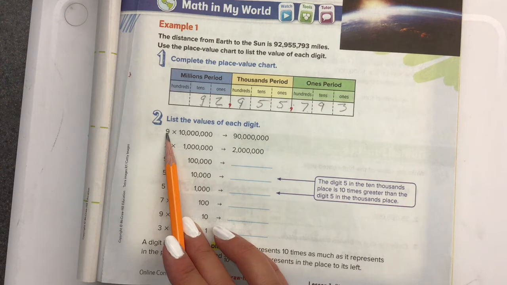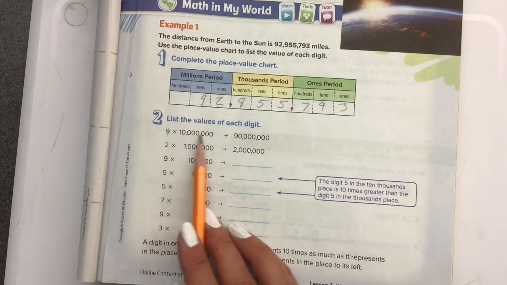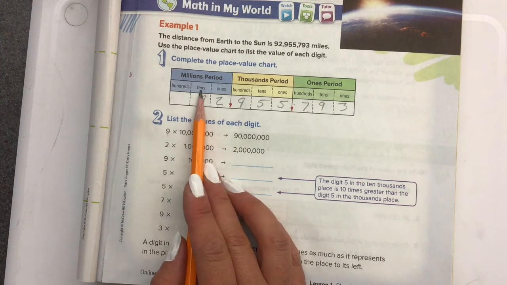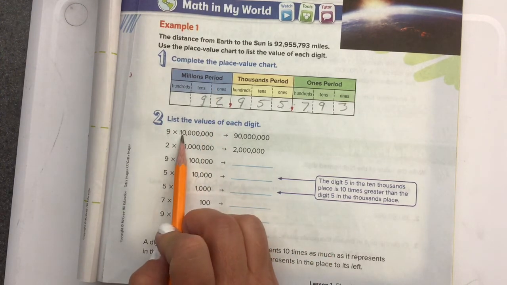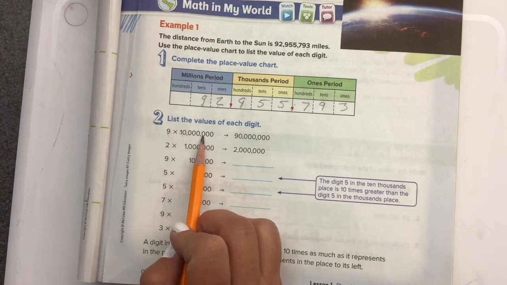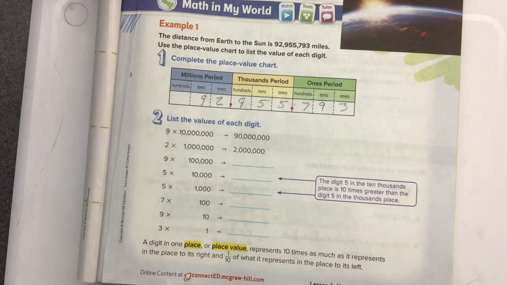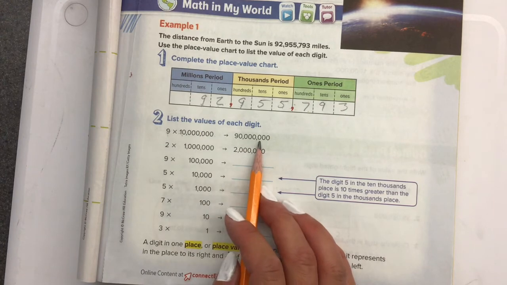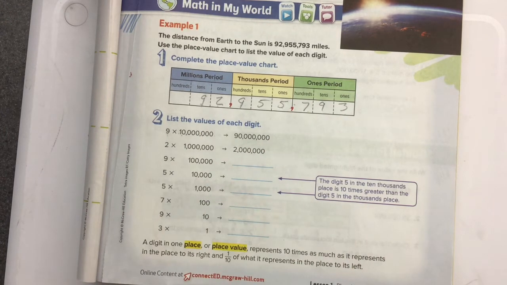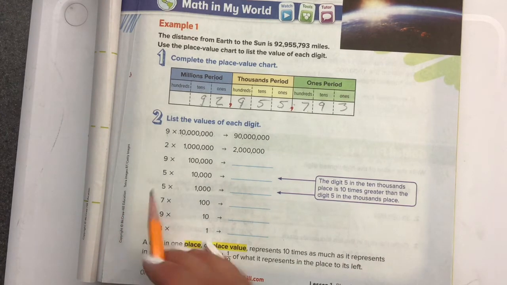Then you times it by its value. So this would be 10 million. So we're going to put 10 with 1, 2, 3, 4, 5, 6, 7 zeros. 1 with the 7 zeros behind it. So we would get 90 million. Wish I had that in my bank account.